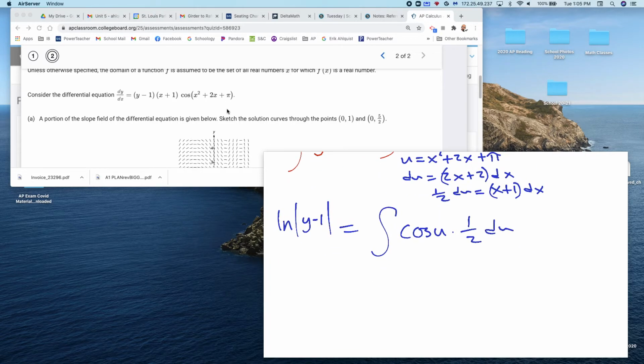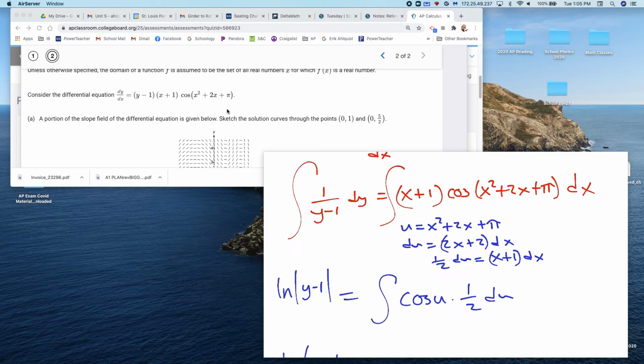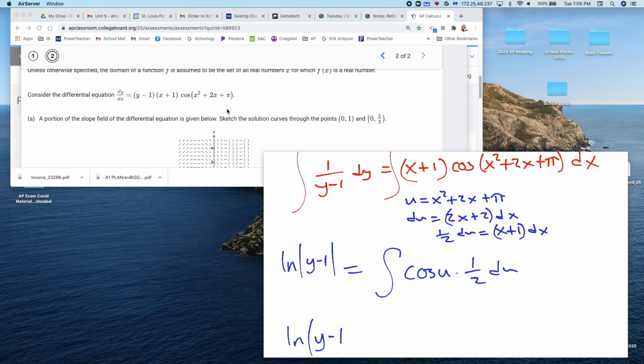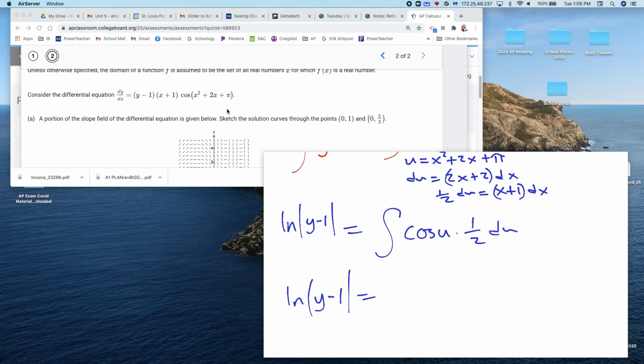We can integrate that. We got the natural log of y minus 1. Is it y plus 1 or y minus 1? Is equal to, the 1/2 is just a constant. The integral of cosine is sine. U is equal to x squared plus 2x plus pi. And then you have plus a constant.